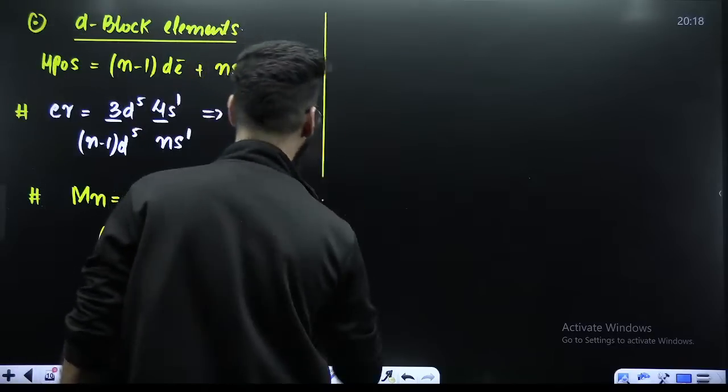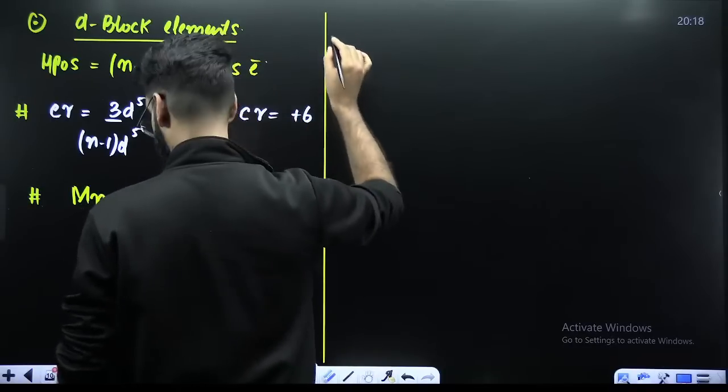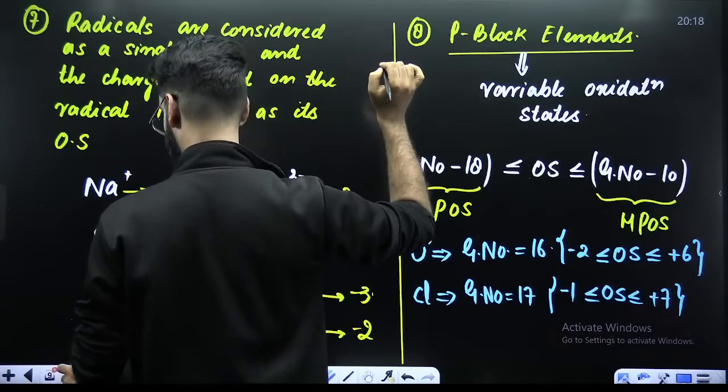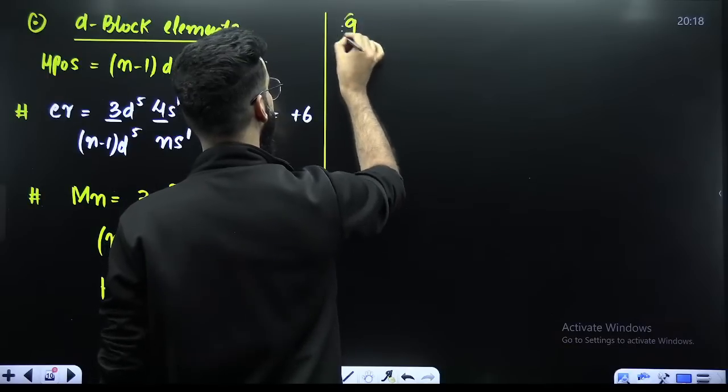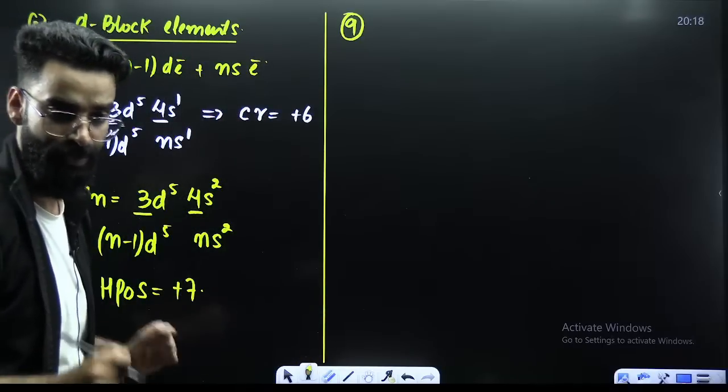Now, talking about a few more things about the oxidation state. How many rules are we done with? We are done with 8 rules. So let's have a look at the 9th one, the 9th rule that is super important.